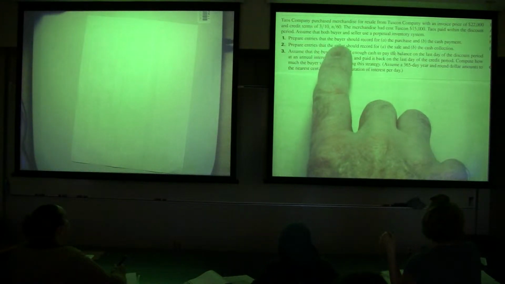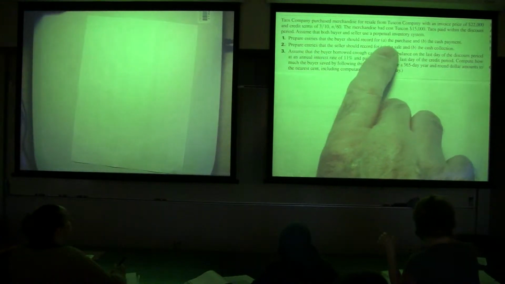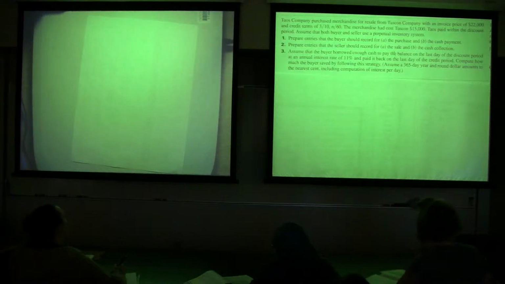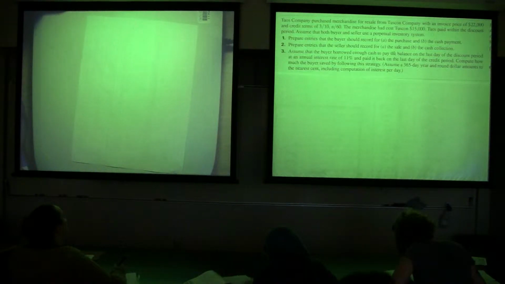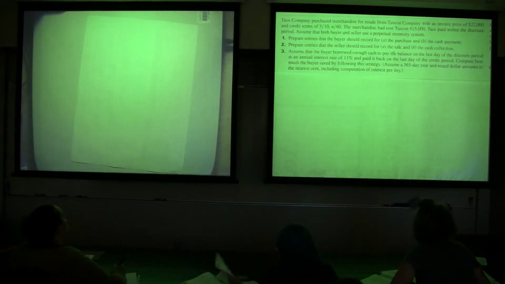Prepare the entries that the buyer should record for the purchase and the cash payment. In this case it's the buyer, so let's start with the buyer, the Taos Company. These are credit purchases.